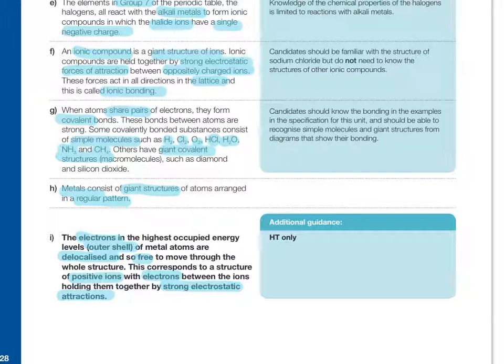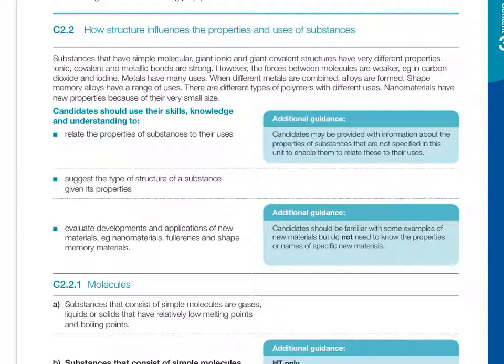In your metallic bonding, you have electrostatic attraction between the positive ions and the negative electrons. Make sure you're clear on the difference. Ionic between ions, metallic between ions and electrons, positive ions and negative electrons.